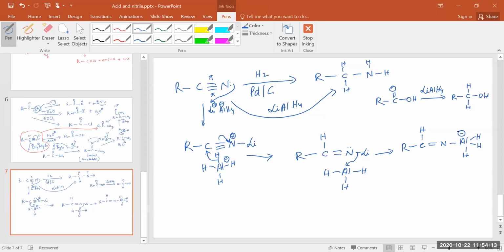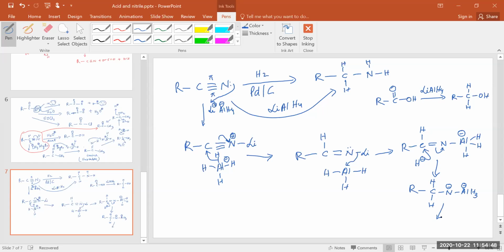Okay. So now another hydride will come from another molecule of lithium aluminum hydride. Same kind of repetition. So we'll have RCH. So now both the pi bonds are gone. So nitrogen has two negative charges. Or you can say here, if you want to write AlH3 minus, it's okay.